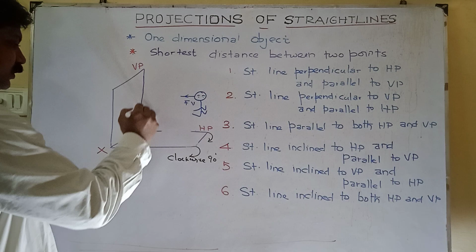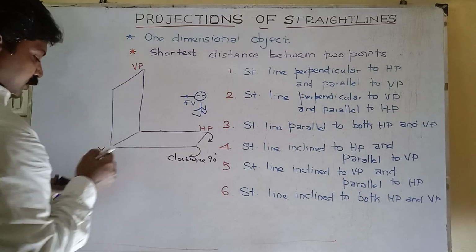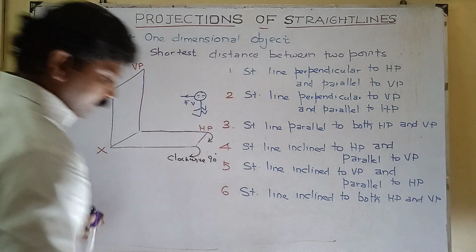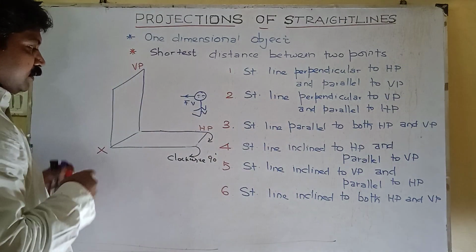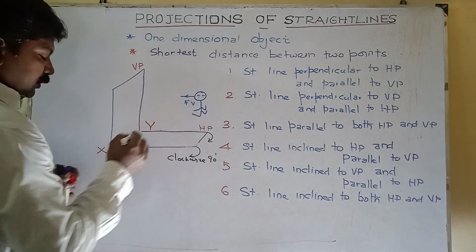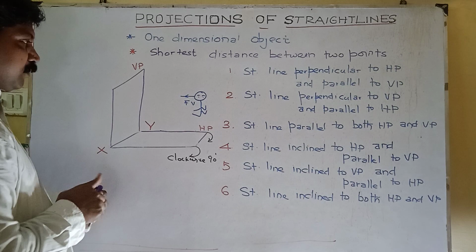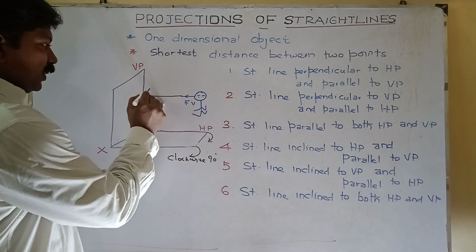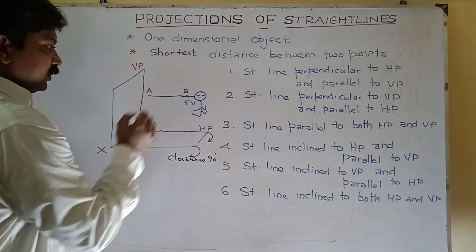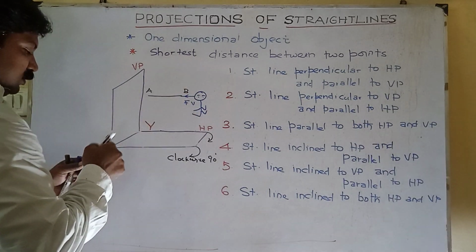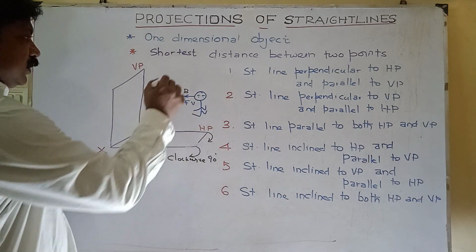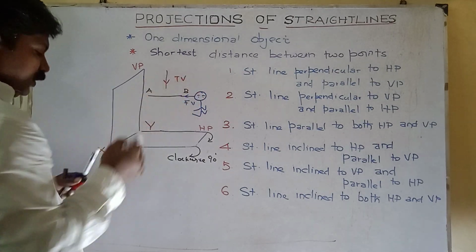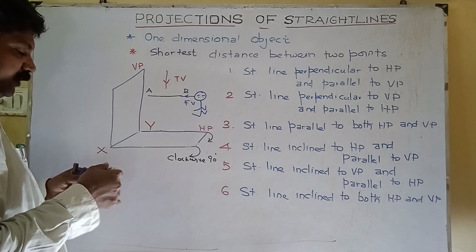Okay, first quadrant, XY axis line, straight line perpendicular to VP and parallel to HP. So front view, this one top view. So front view as a point.